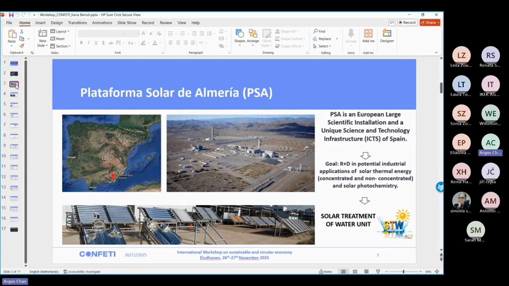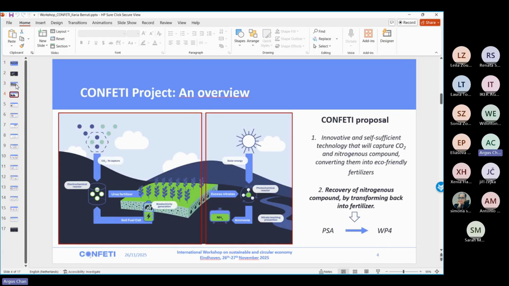I would like to only briefly introduce the Plataforma Solar de Almería, but we can skip this. We are involved in work packages in the Confetti project, and here we can see an overview.